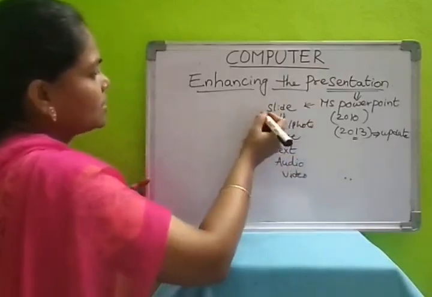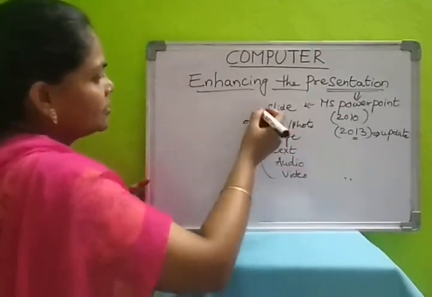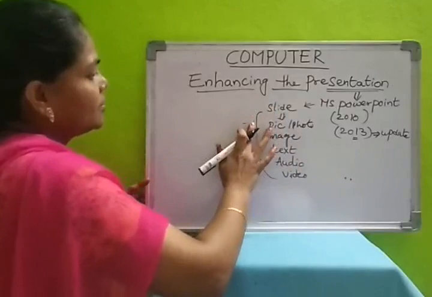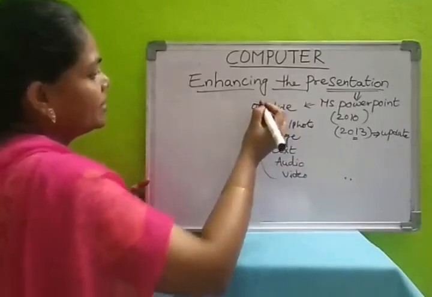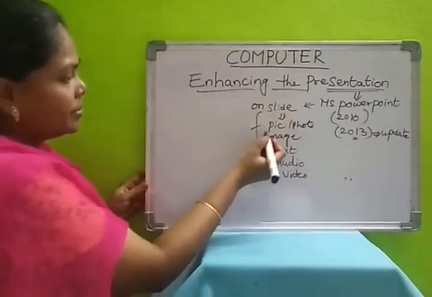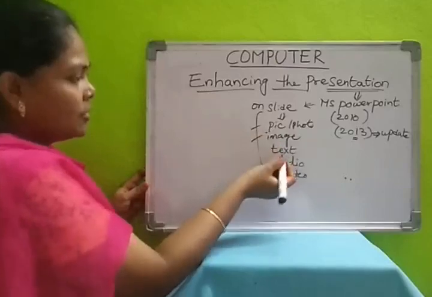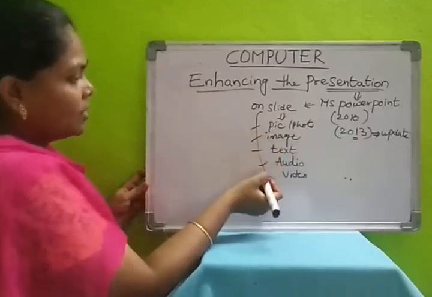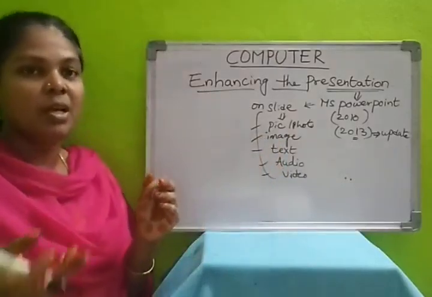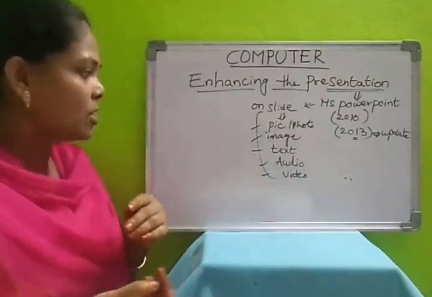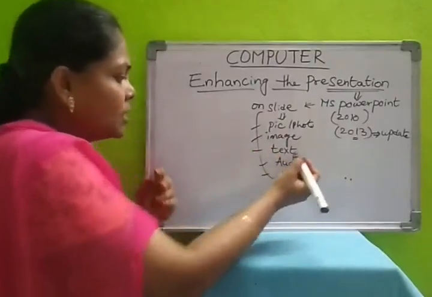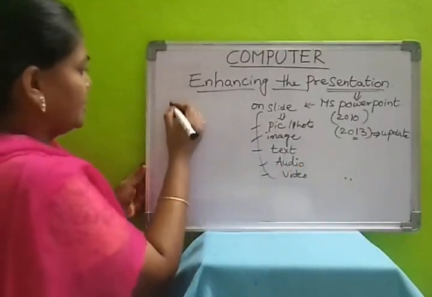So on the slide we can display all this. You can prepare with photos, with images, you can write some text, or keep any audio file or video file, and in the background we can record our voice also using rehearsal timings.